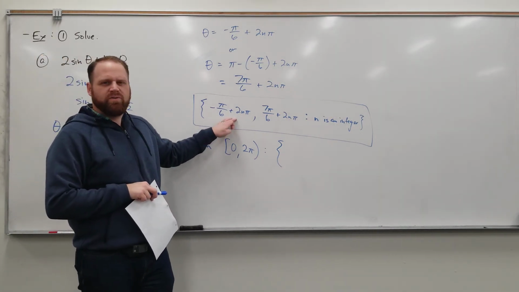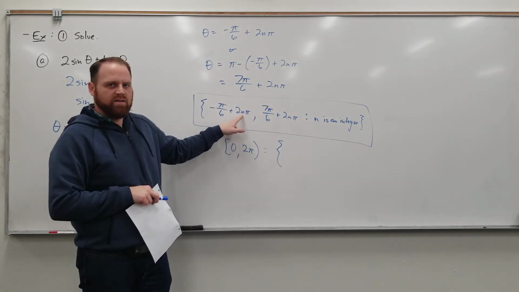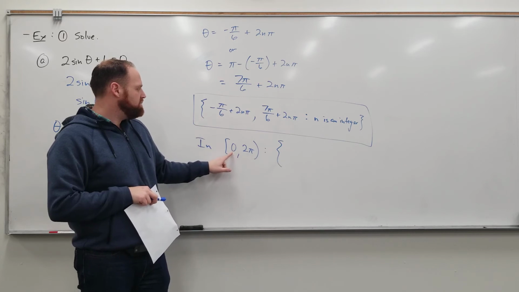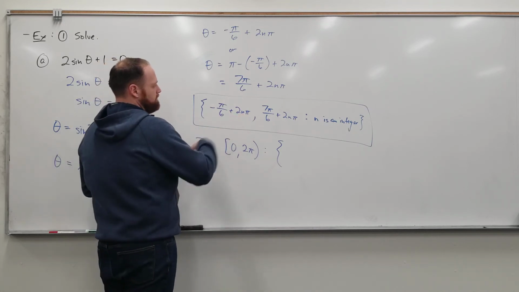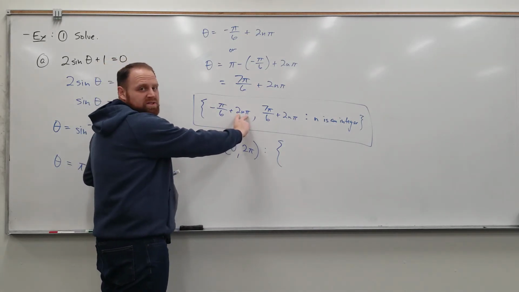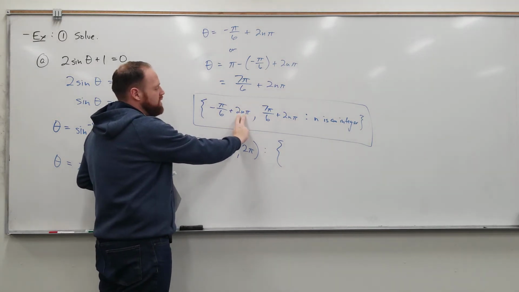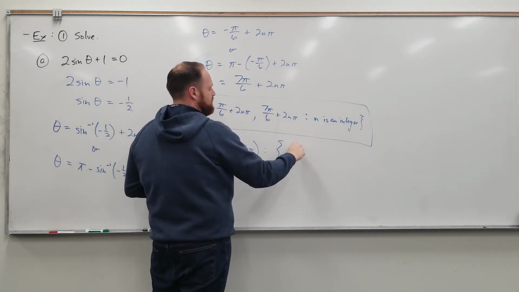So dealing with this first set, if I plug in 0 for n, I get negative pi over 6, and that's too small. Right? If I plug in 1 for n, that would be 2 pi. 2 pi is the same as 12 pi over 6, right? So I have 12 pi over 6 minus pi over 6, that's 11 pi over 6.